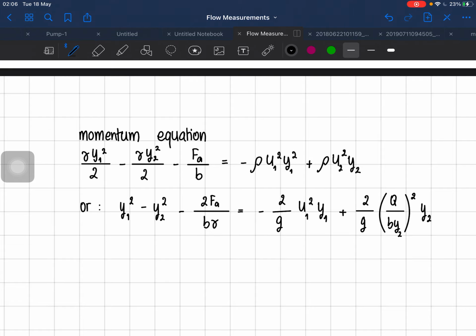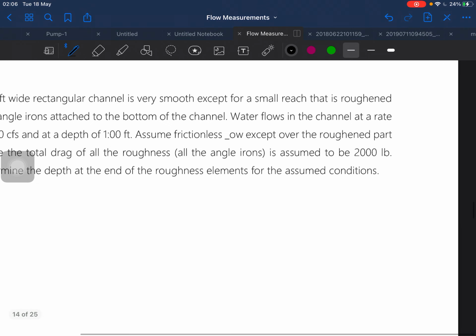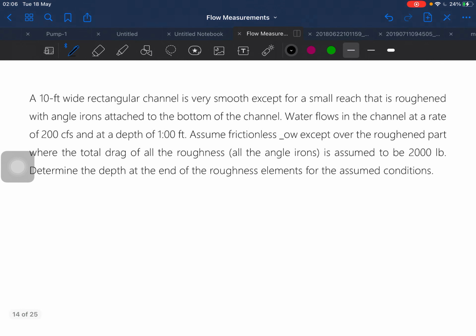Okay, so what do we know about all of these? We know the depth here, and we also know the force, which is 2,000 pounds. So the first thing we know is the depth, that is 1 foot, and the 2,000 pounds.